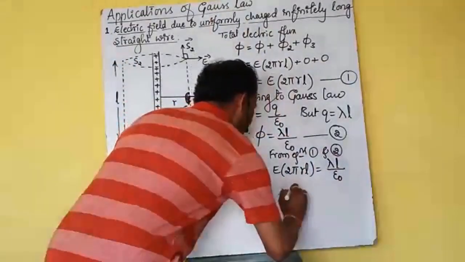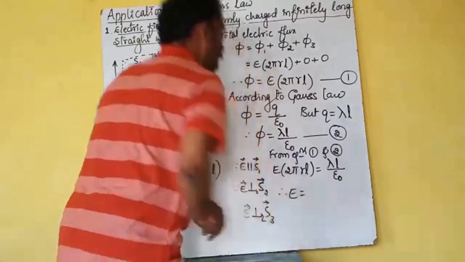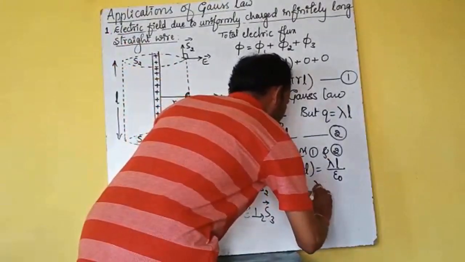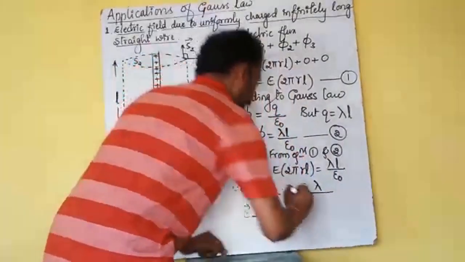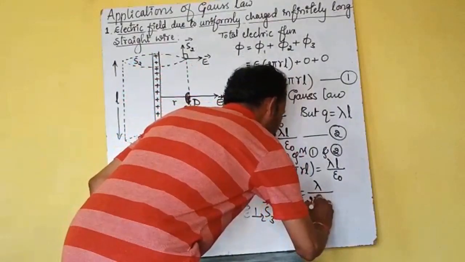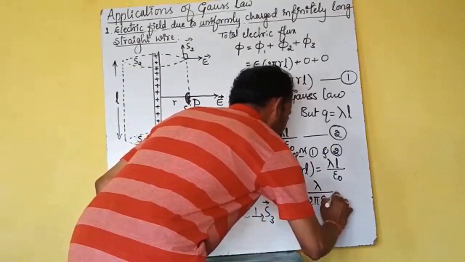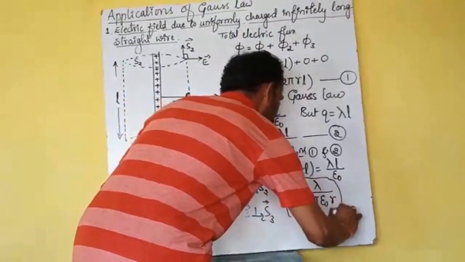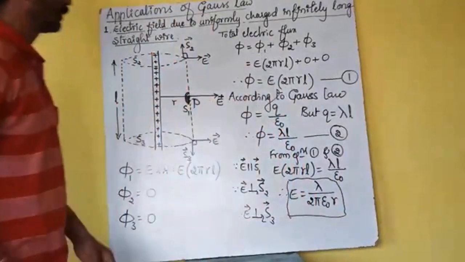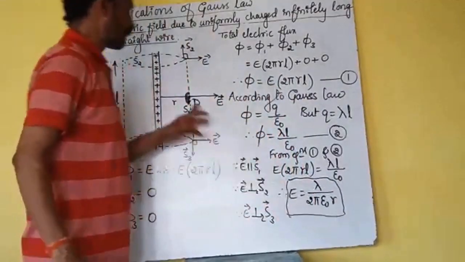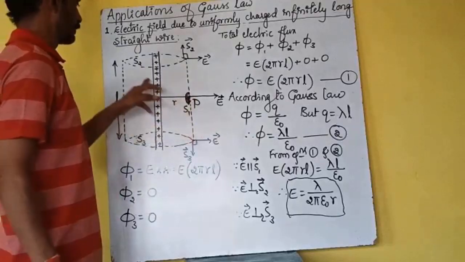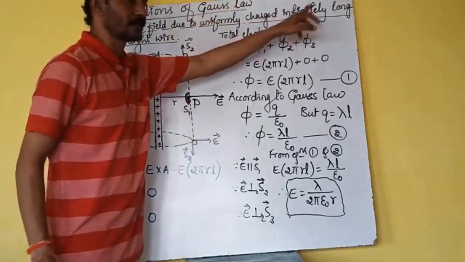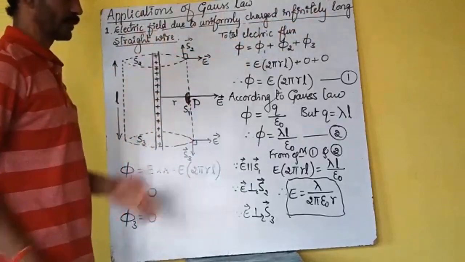Therefore, E is equal to lambda divided by 2 pi epsilon naught into r. This is the expression for the electric field at any point due to a uniformly charged infinitely long straight wire.